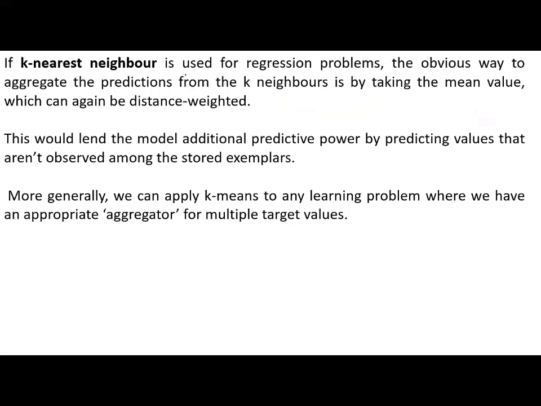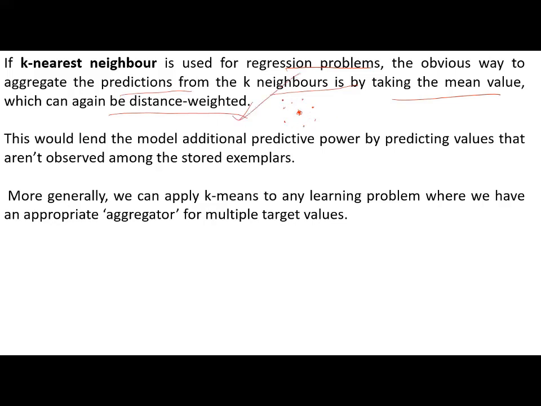Now, if k nearest neighbor is used for regression problems, the obvious way to aggregate the predictions from the k nearest neighbors is taking the mean value, which can again be distance weighted.